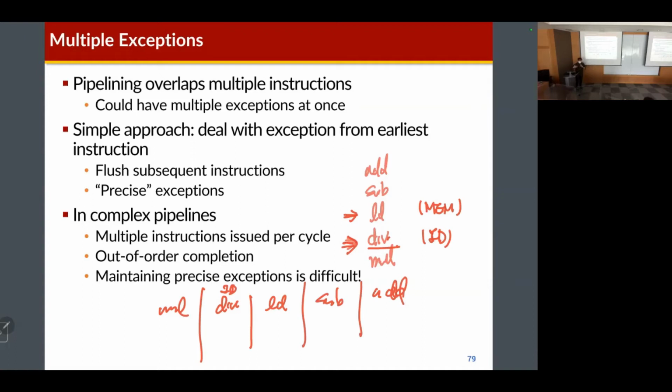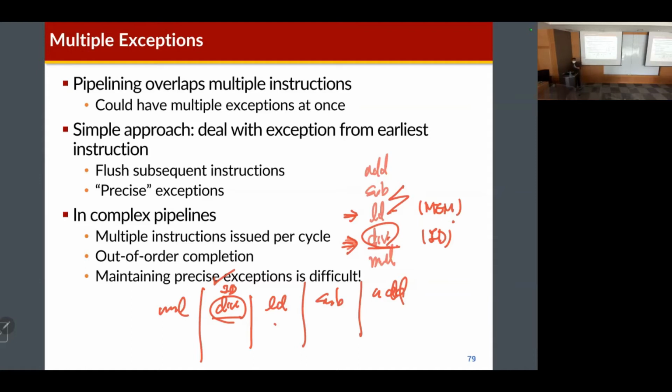The exception of this div instruction is detected when the div is in the ID stage. But if you see the load instruction here, the load instruction is in the EX stage. And then let us assume that the exception of this load instruction is detected when the load instruction is in the memory stage.